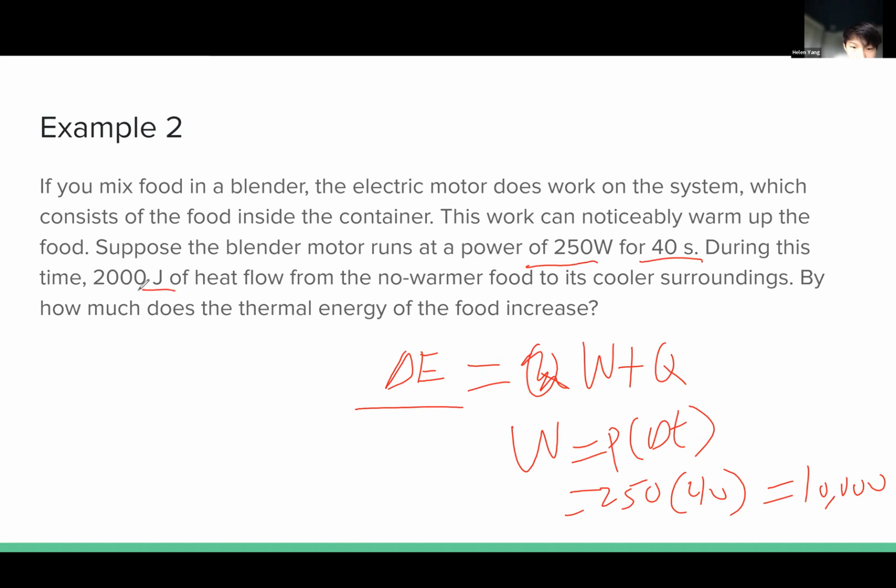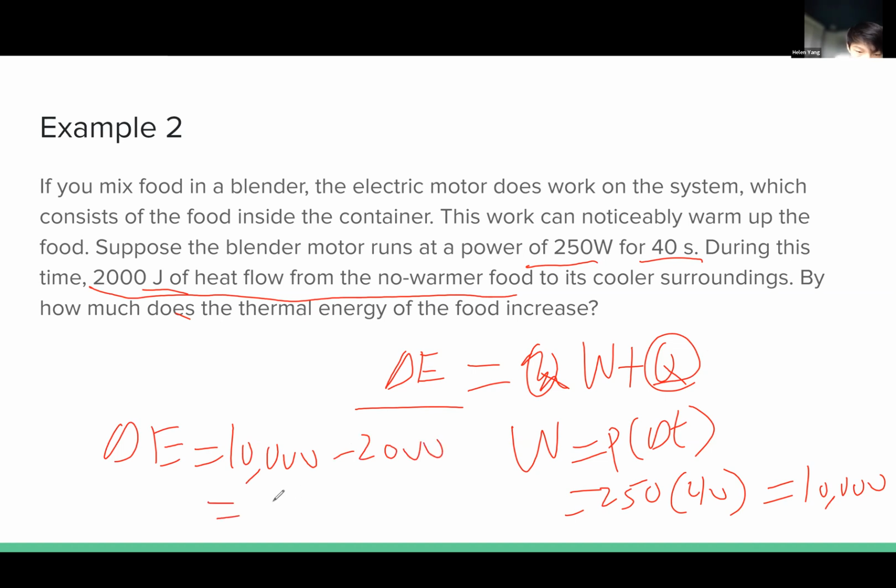Then it says that 2,000 joules of heat flow from the warmer food to the cooler surroundings. So it would be minus 2,000 for Q, because the heat is leaving. So the change would be 10,000 minus 2,000, which is 8,000 joules.